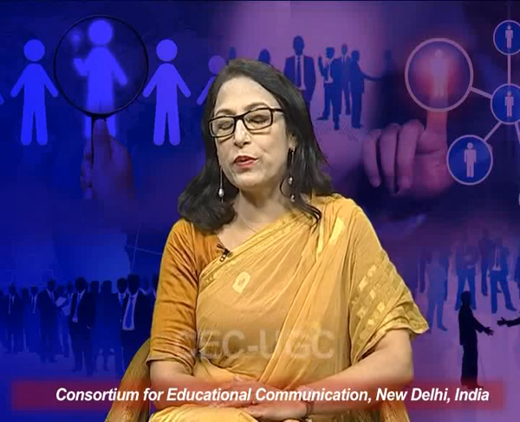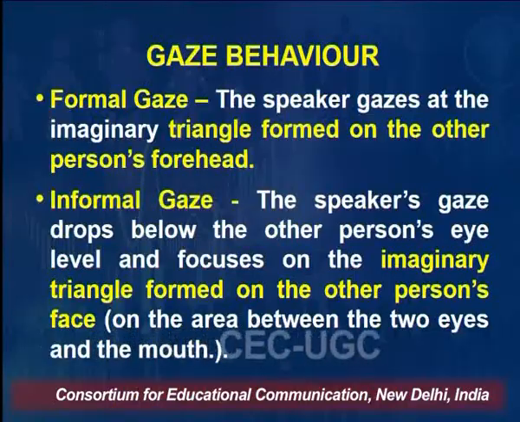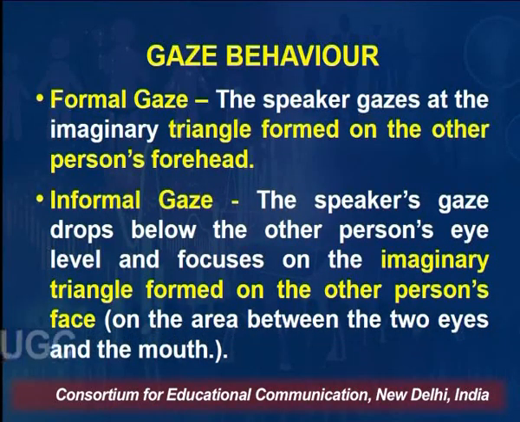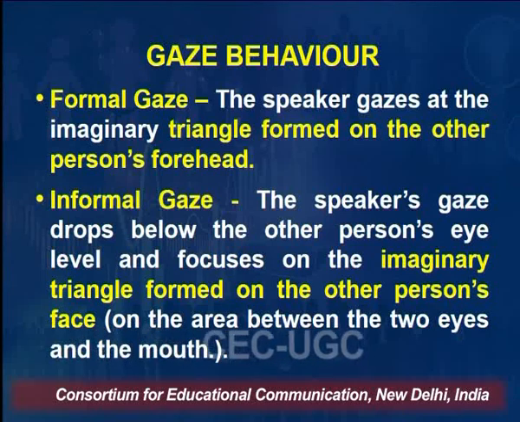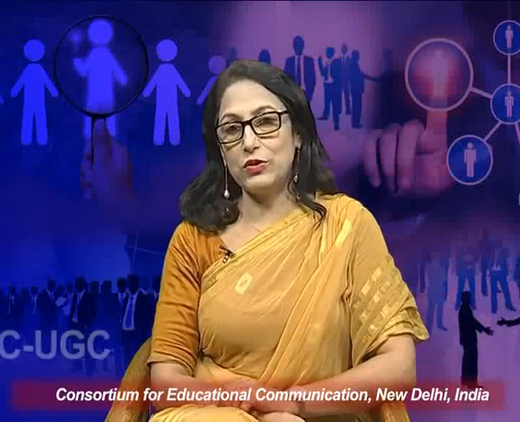In a formal gaze, such as in an interview, you are not supposed to look at the rest of the body of the interviewer. A formal gaze is a glance at the triangle between the two eyes and your eyebrows.